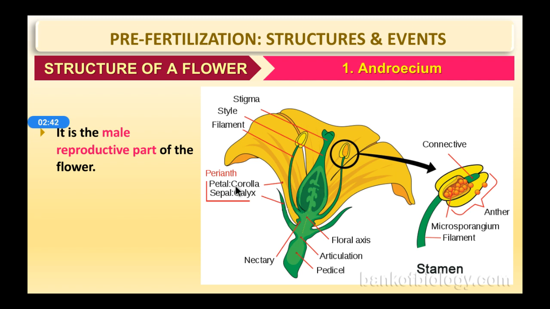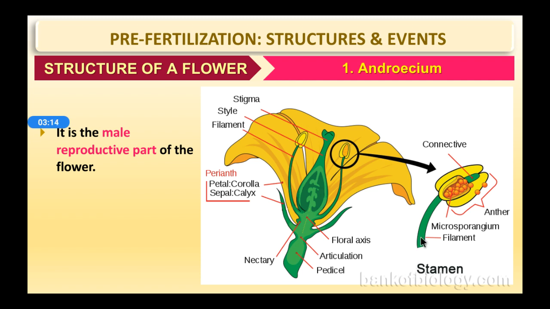The members of the calyx are sepals, and it is mainly green in color, and it protects the bud, which later becomes the flower. Next, the second whorl is the corolla, that means petals, and it is mostly bright colored and attracts insects for pollination. Next is the male part, that is the androecium, or the stamen.